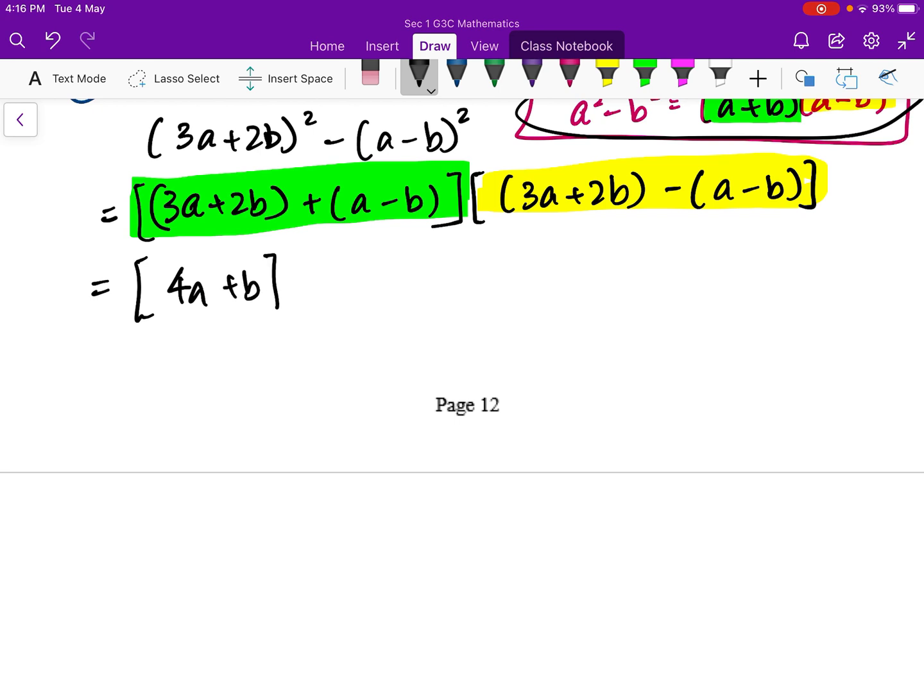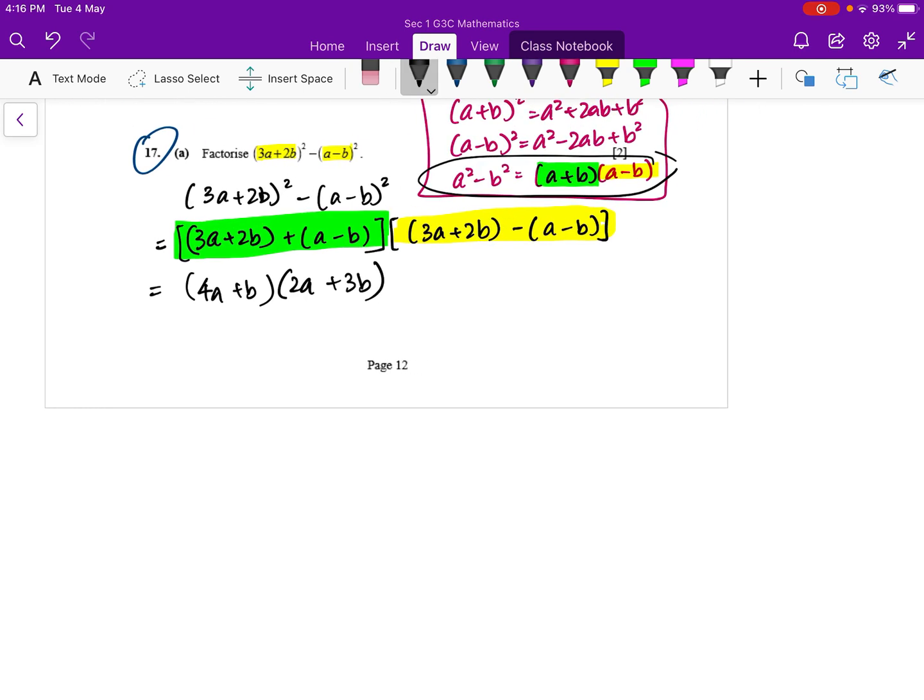Next bracket, 3a plus 2b minus a, 3a minus a, we get 2a. 2b minus negative b, so 2b plus b, 3b. And there you have it, it is factorized. You do not need to expand and simplify, then factorize. But doing so is still correct, just that it takes you more time.